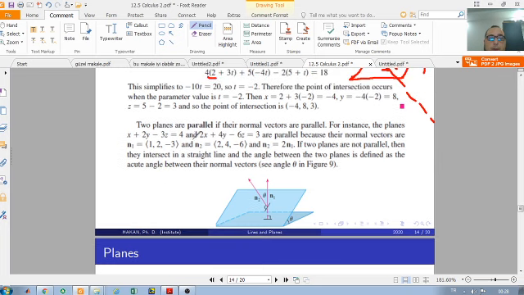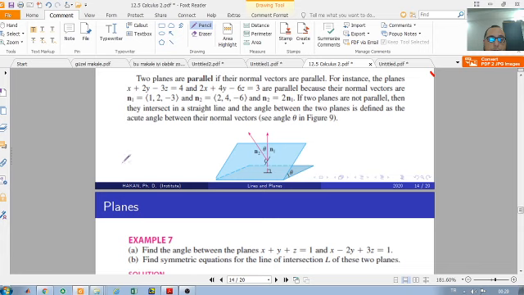Two planes are parallel if their normal vectors are parallel. Geometrically, these planes are parallel because the normal vectors are parallel. This is the normal vector n1 for the first one.